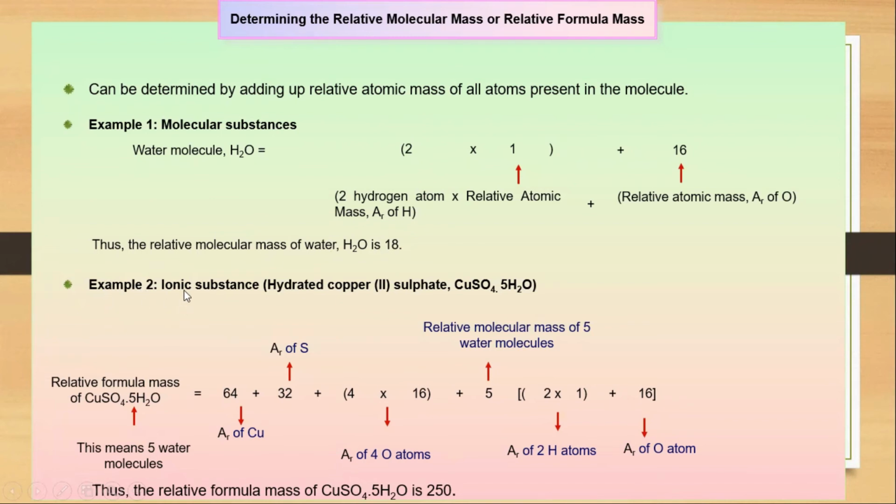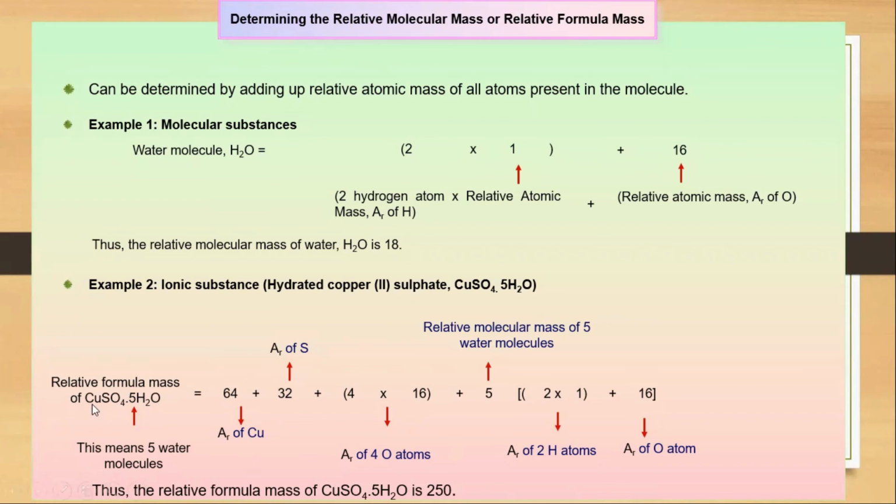Example 2. Ionic substance, hydrated copper(II) sulfate, CuSO4·5H2O. To get its relative formula mass, you have to add up all the relative atomic mass of every single atom present in it.